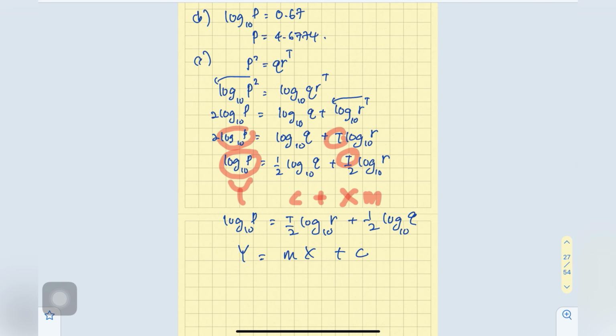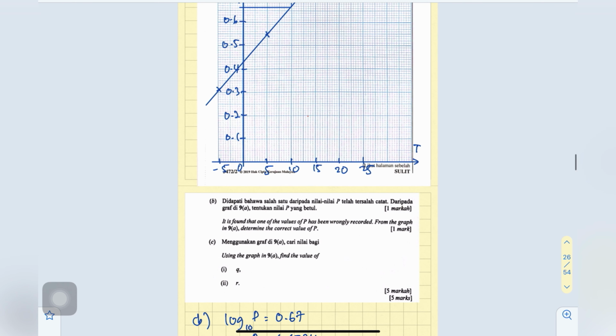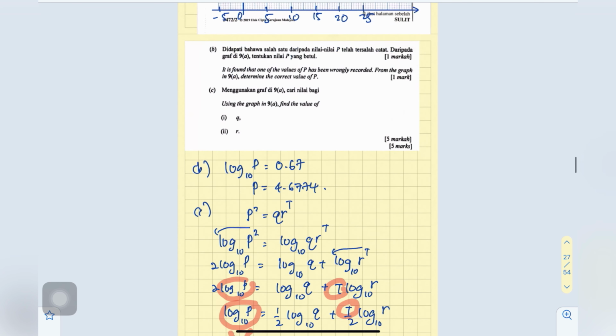Okay, so nak cari Q kita kena compare lah. Kita kena cari dia punya intercept. Okay, intercept is 1 over 2 log Q base 10. Okay, baca dekat sini. Intercept kita is 0.43.